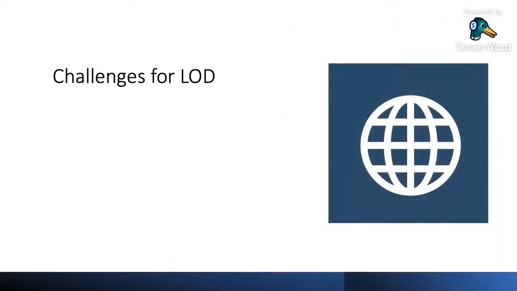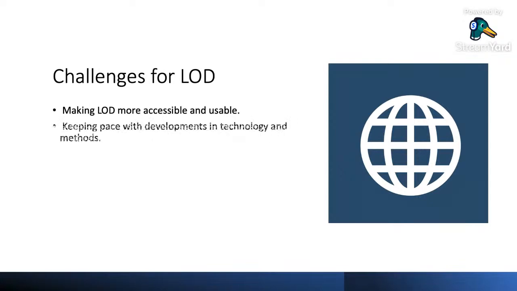The challenges for dealing with linked open data are that we want to make this more accessible and usable, and that's going to require some extra work in developing the search capacity, making an ontology to make links more discoverable, and things like that.